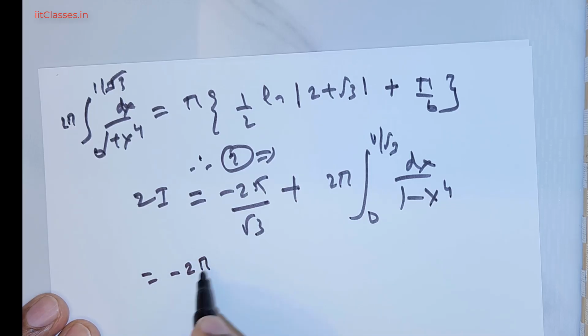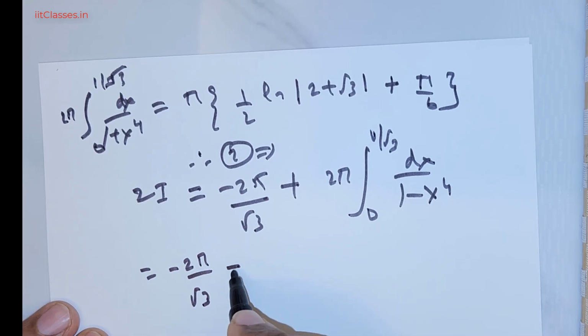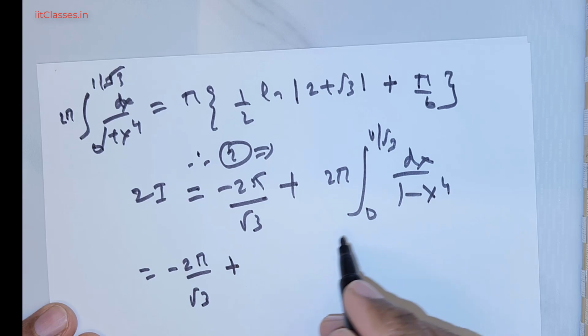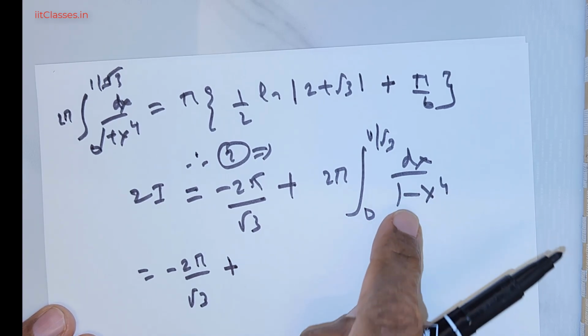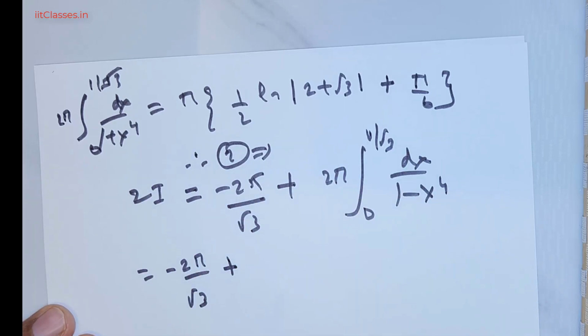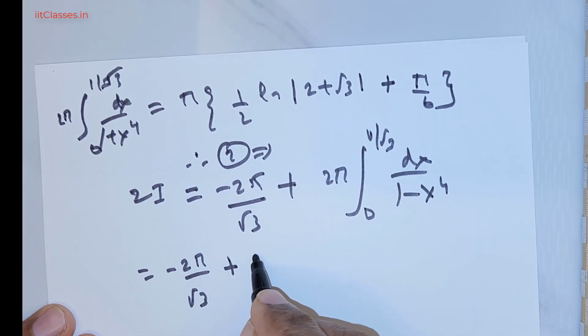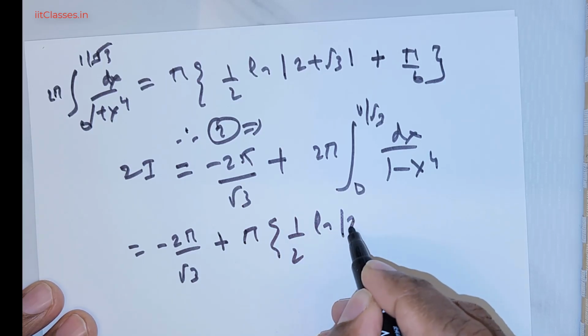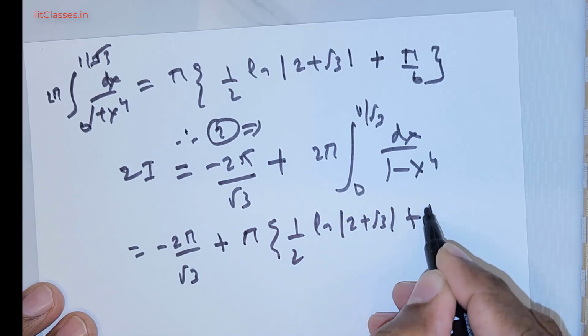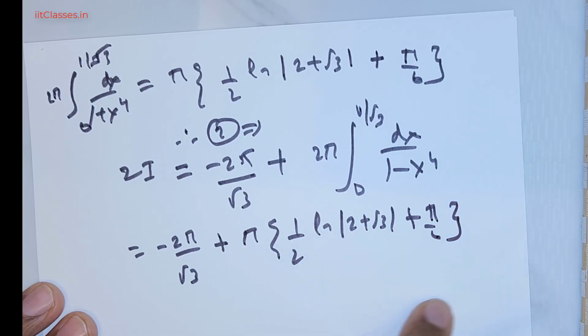So this is equal to negative 2 pi over root 3 positive. So this is going to be equal to the value that we have here. So I will have it pi times 1 over 2 ln 2 positive root of 3 positive pi over 6. So this is what we got.